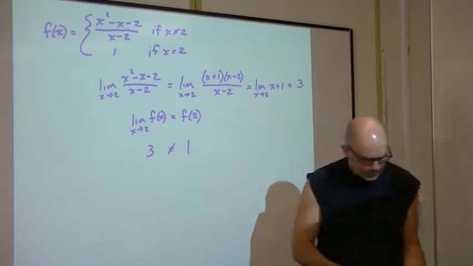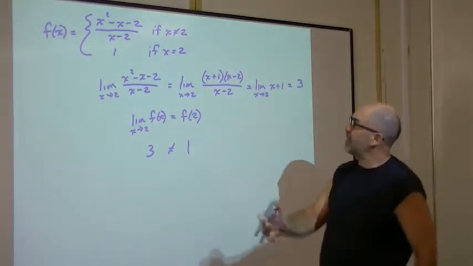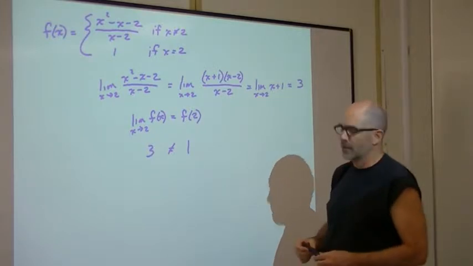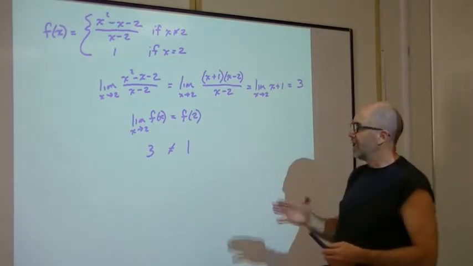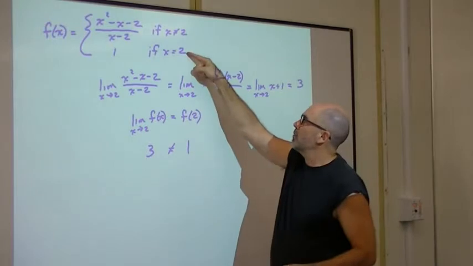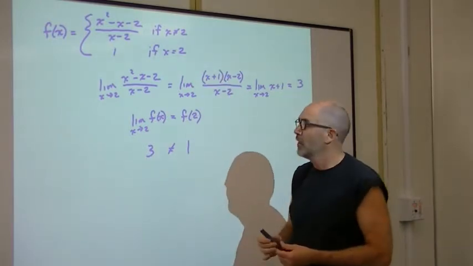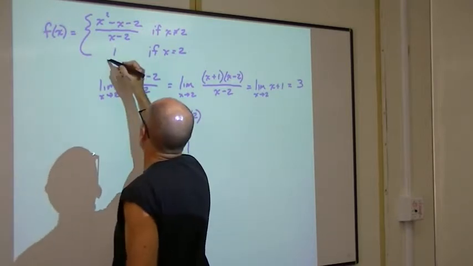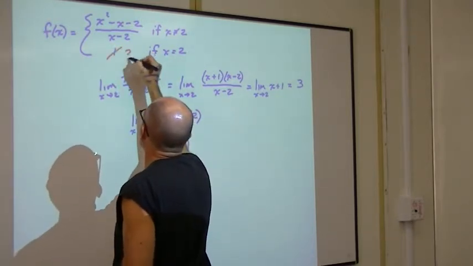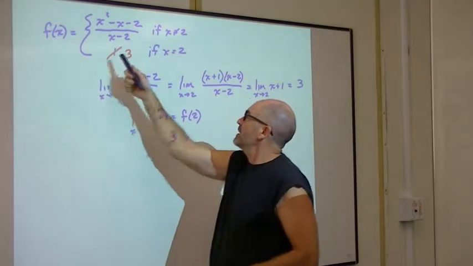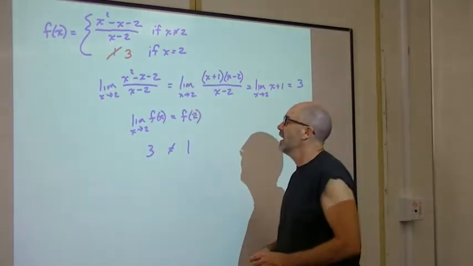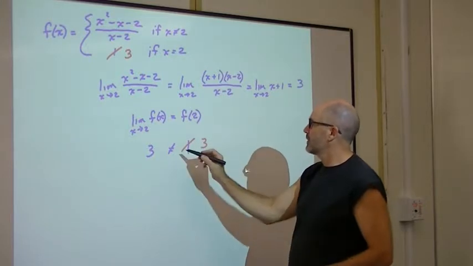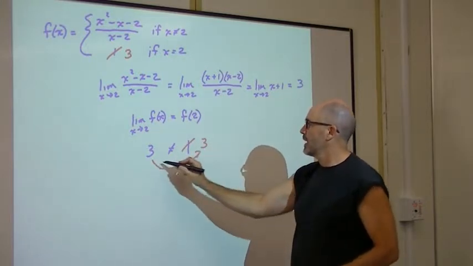Now, how could we fix this so that it would be continuous? The way we fix it is to let this point plug up the hole. So if we were to put 3 here, so f of x equals 3 if x equals 2, now it's continuous because 3 equals 3.